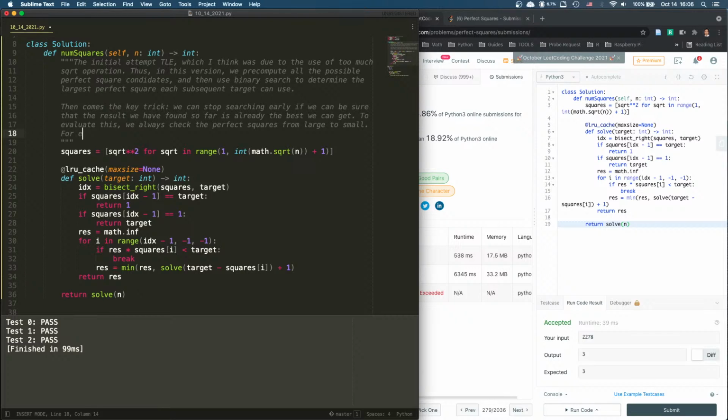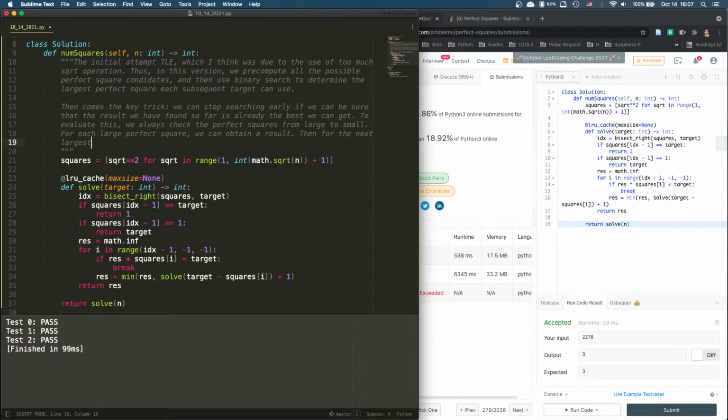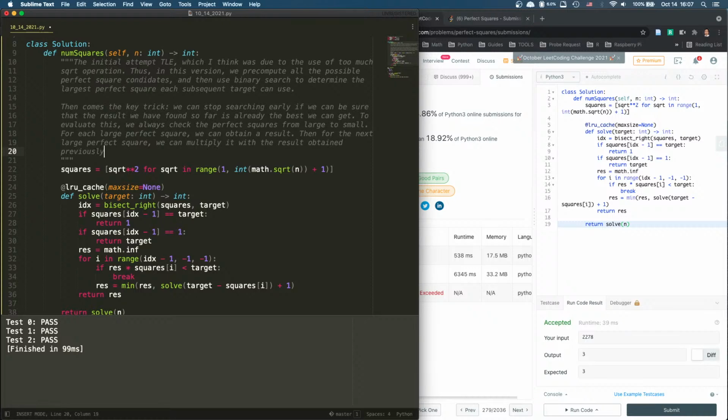And for each large perfect square, we can obtain a result. Then, for the next large perfect square, we can multiply it with the result obtained previously.